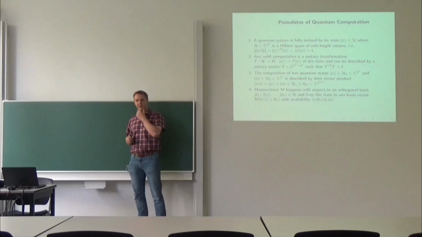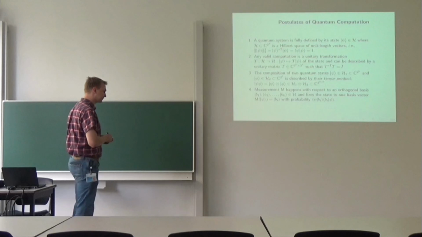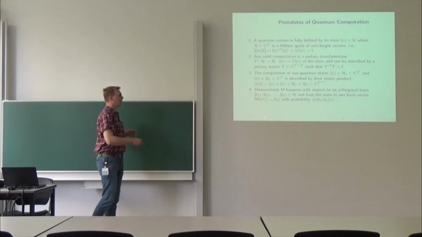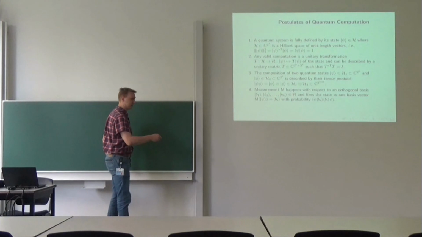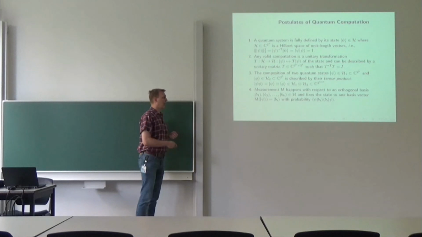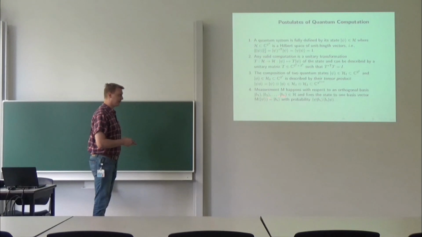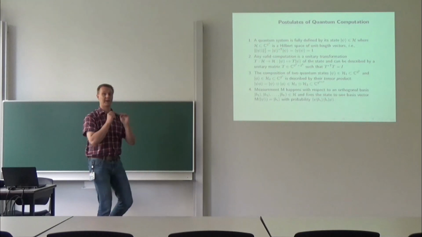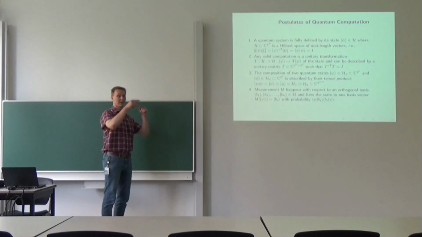So then the last question is, what does measurement do? So measurement can be described as a series of operators, which is a function of an orthonormal basis for the state space, and it collapses the state to one of these vectors with a given probability, which you can find by taking the inner product of this basis vector bi and the state.